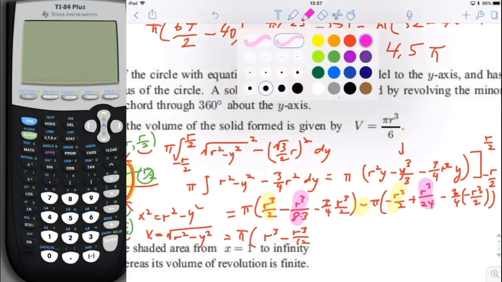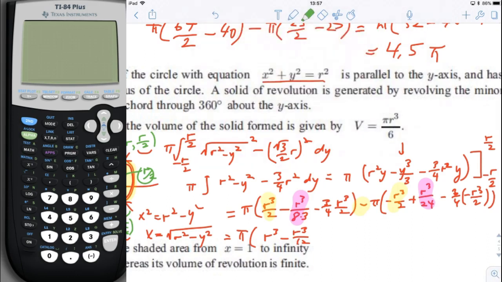And then the next one would be negative 3 over 8 r cubed, and this would also be negative 3 over 8 r cubed. So it would be negative 3/4 r cubed.